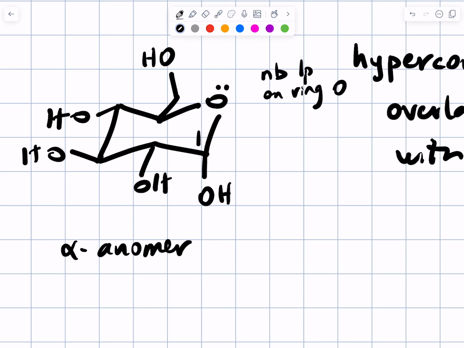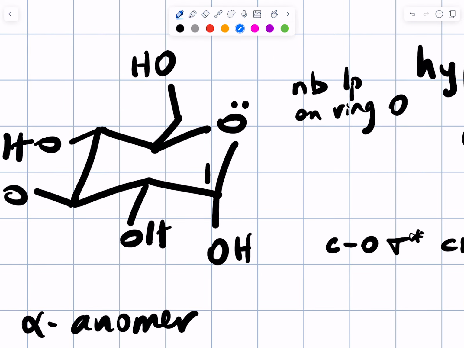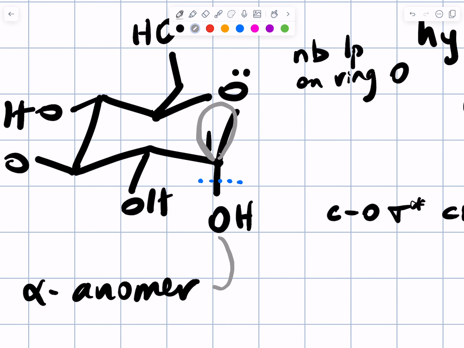The empty orbital we're going to talk about is actually the carbon-oxygen sigma star at C1. To draw that, you'd simply draw a node between oxygen and carbon. There are large orbital lobes pointing away from the space between the two nuclei, and small orbital lobes pointing towards the node.